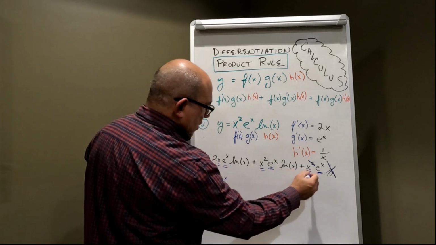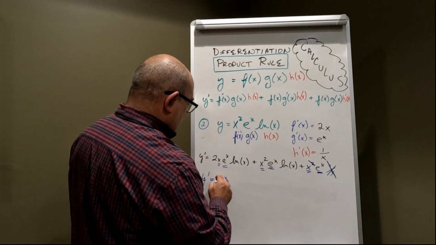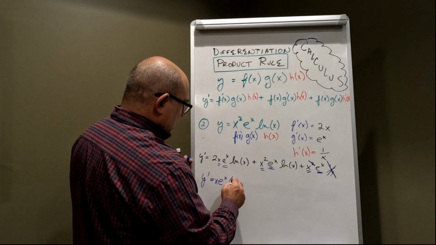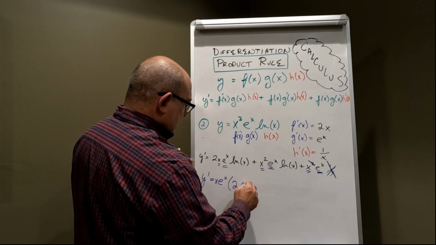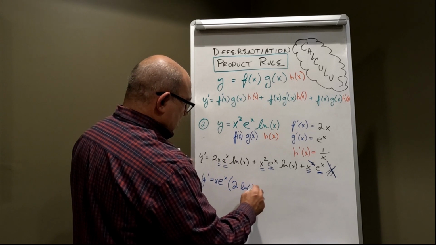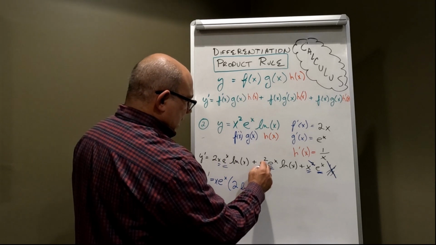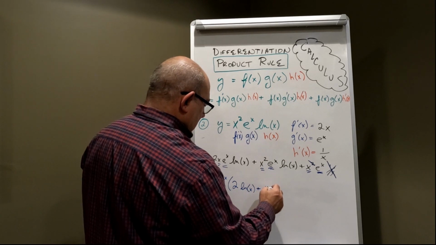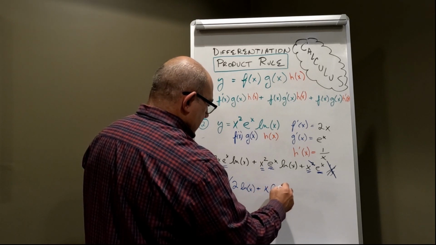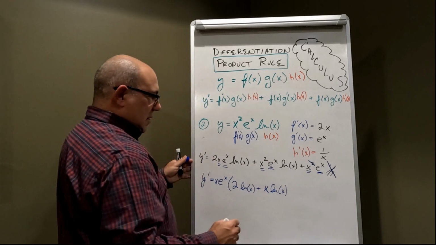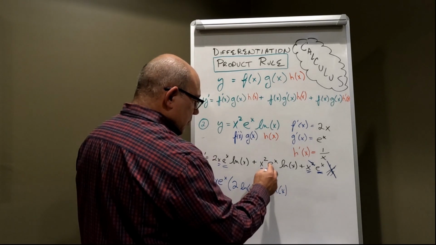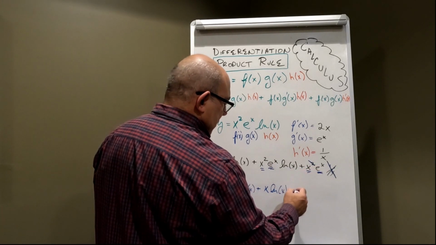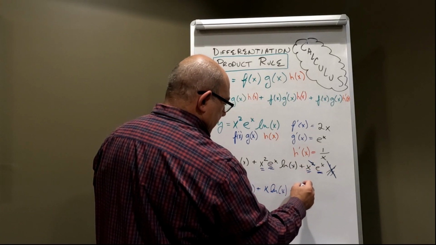We have an x in each one. So x e to the x times 2 log x plus x log x, because the e to the x came out, and then we take the x e to the x, so we have plus 1.